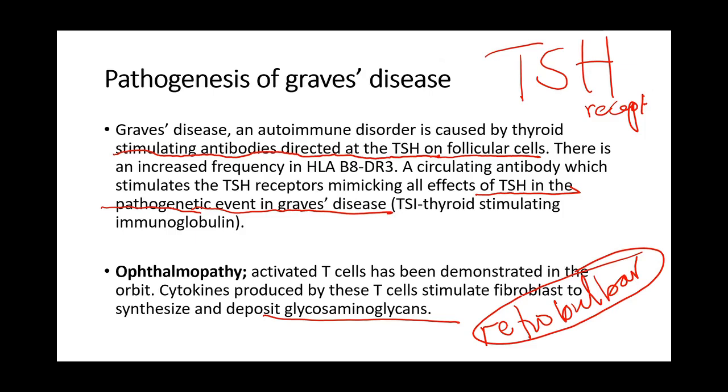And these mucopolysaccharide glycosaminoglycans are produced by the fibroblasts under the influence of the cytokines produced by the T cells. And also you can have deposition of the same substances in the pretibial space.